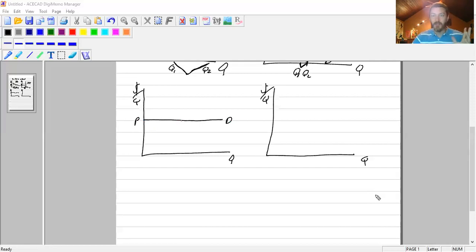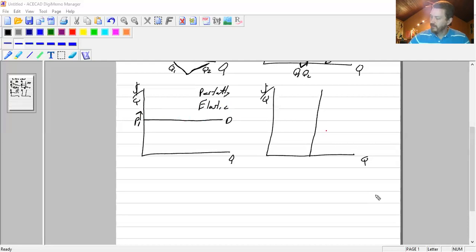People will buy however much they can of the good at that price. But if the price rises even just a little bit, demand is zero. This is perfectly elastic. At a given price, P1, people will buy however much. If price rises even $1, demand falls to zero. It's perfectly elastic.